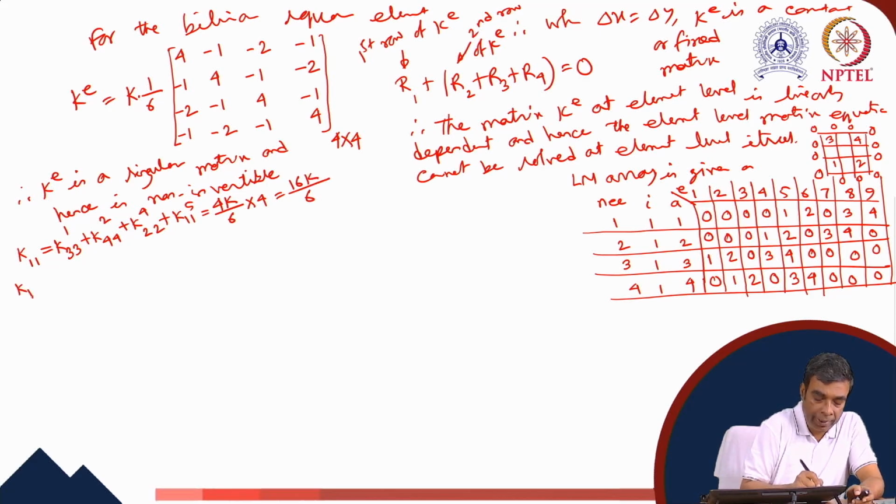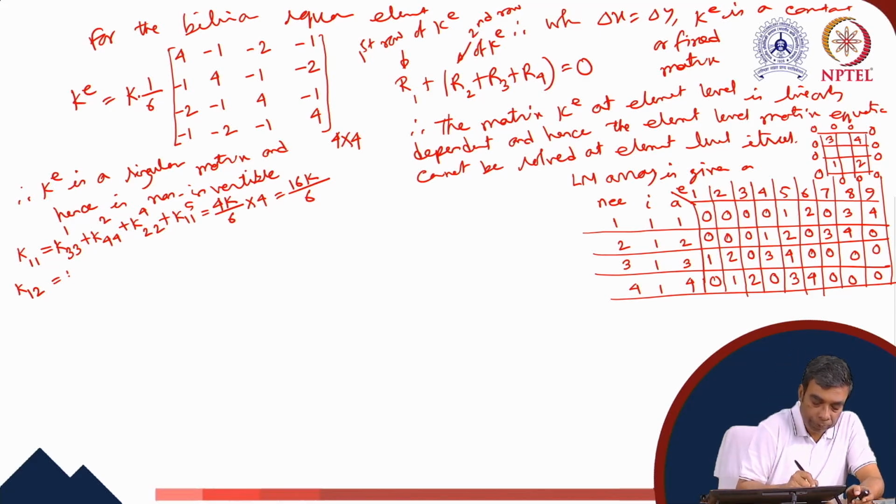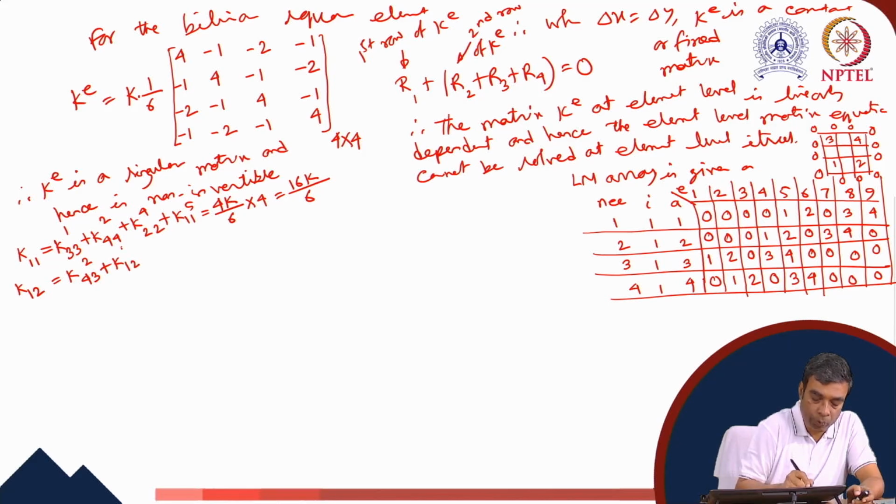Next is K12. If we search per element, it is K43 of element 2, plus K12 of element 5. K43 is minus K by 6, and K12 is also minus K by 6. So we get minus 2K by 6.